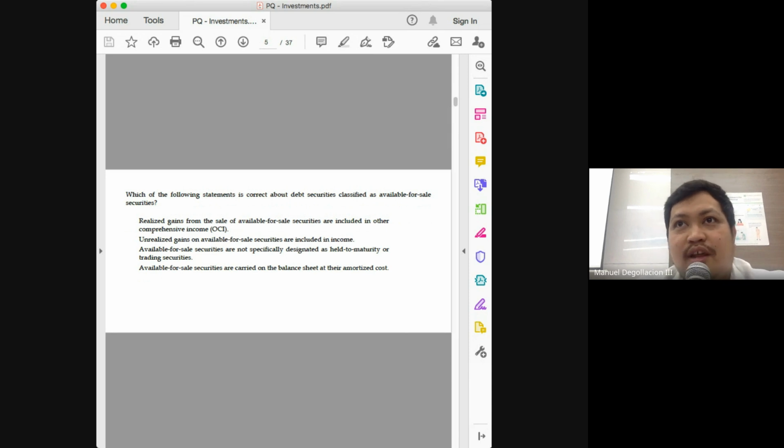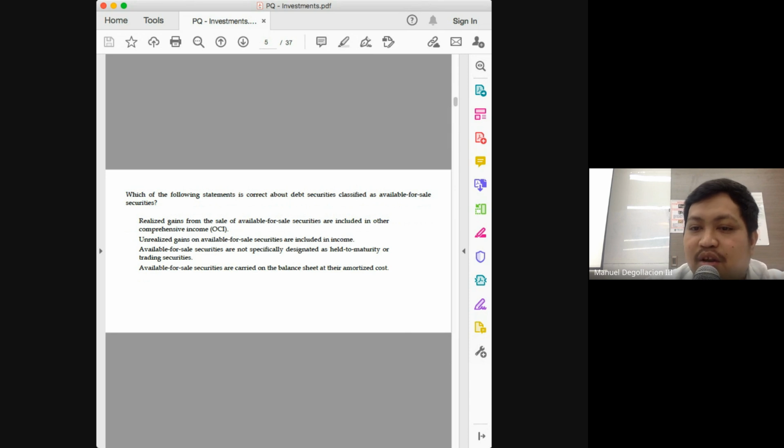Debt securities only, because equity securities do not have maturity. So if you will not classify it as trading securities or held to maturity, and it will not qualify as an associate or subsidiary, then the residual classification will be available for sale securities. Okay, let's go over the other choices.